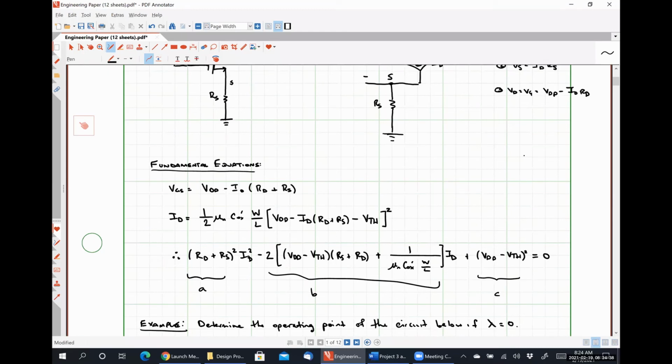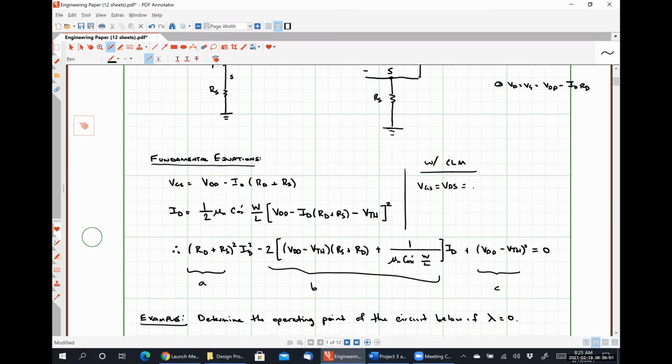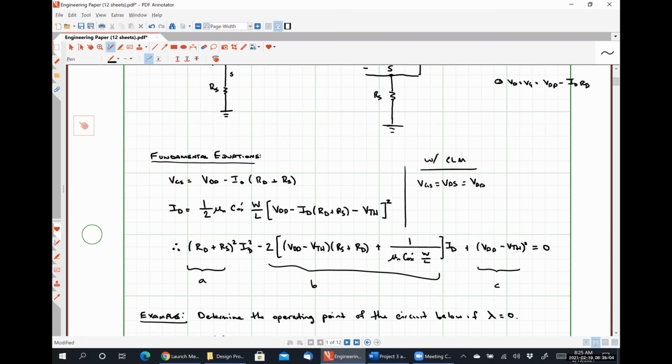The only changes that we would have to make... So we would have VGS is equal to VDS is equal to VDD minus ID times RD plus RS. So that one didn't change at all.